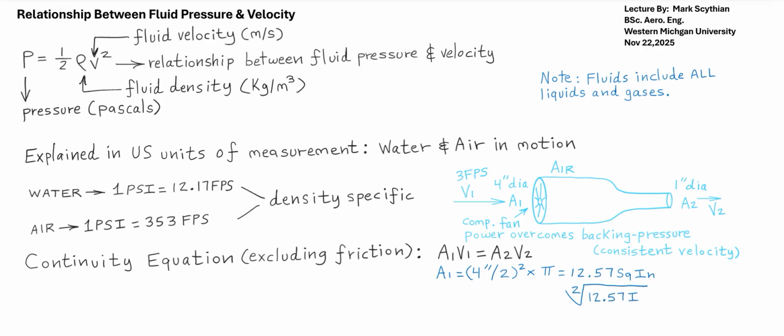So we have to actually use the diameters to solve for the cross-sectional area. So we use pi r squared. In this case, we'll just calculate the square inch cross-sectional area of the inlet. So we get 12.57 square inches, and then we can just convert it to its square meters cross-sectional area.